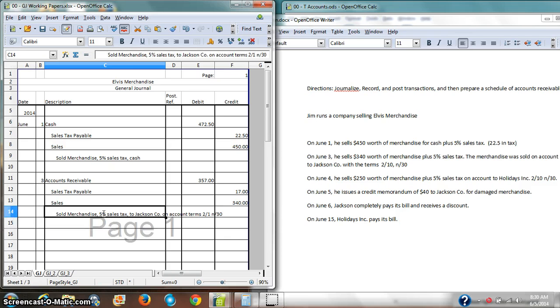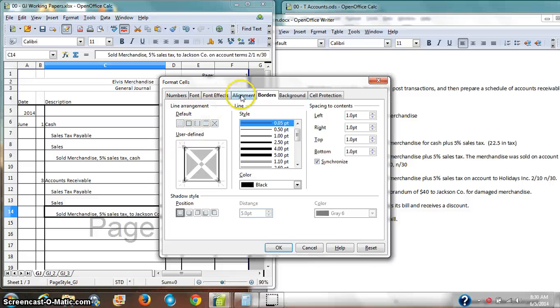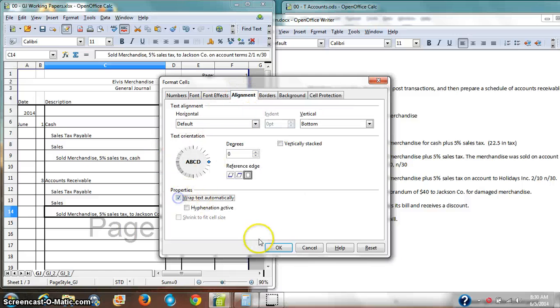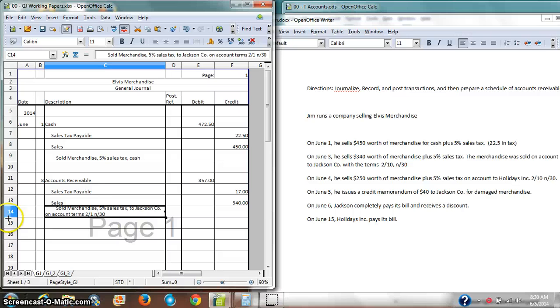There are two things that it's important for me to put on here. I need to put the usual things, but I also need to mention who I sold this merchandise to, and also the terms. It's important for me to put these terms in this description. I need to mention Jackson Company, and I need to mention on account, and I need to mention the terms as well.